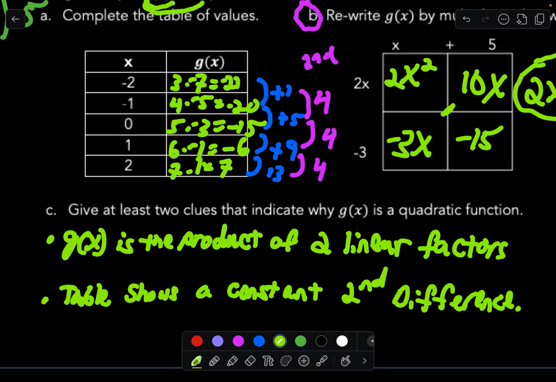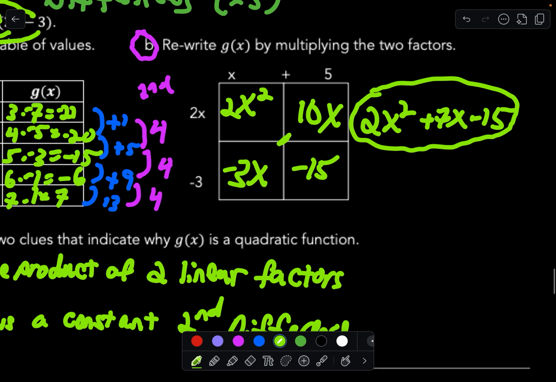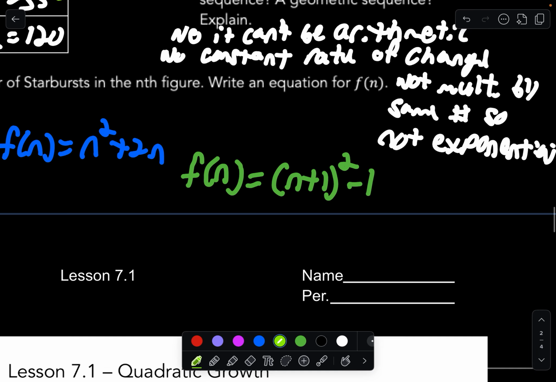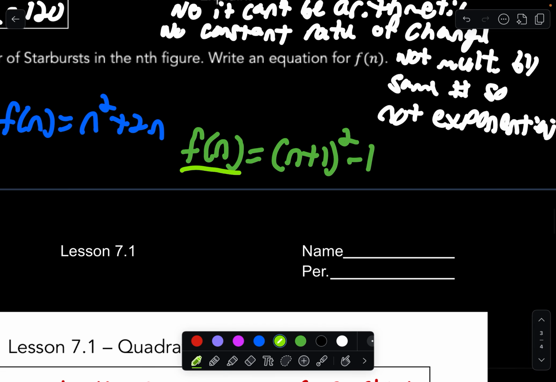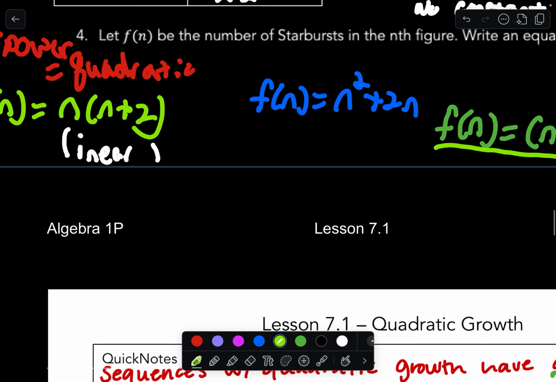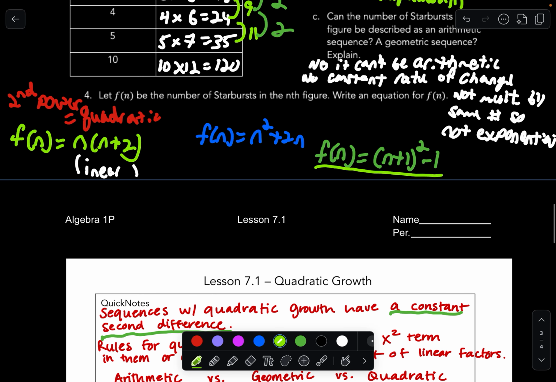I also wanted to point out, since now you've seen this box method of multiplying, we can show why this last one right here actually turns out to equal that. You do that because n plus 1 squared literally means n plus 1 times n plus 1.